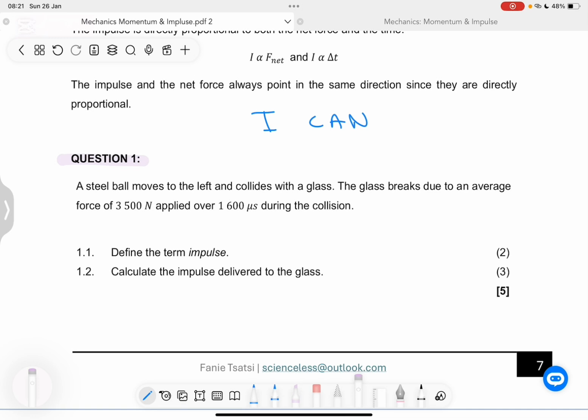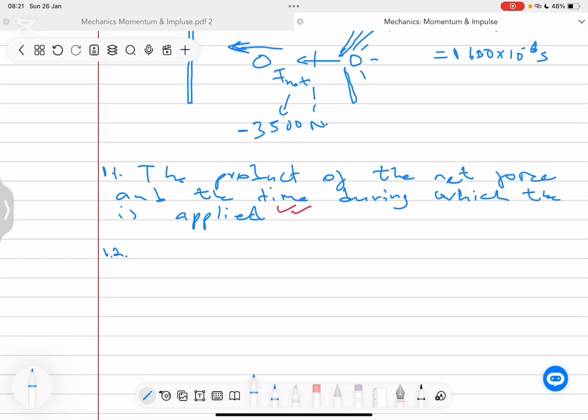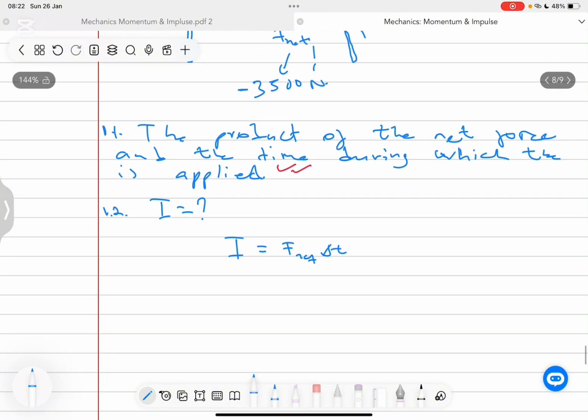The question says here, calculate the impulse delivered to the glass. So they're actually asking us to look for the impulse. And already we know, we discussed this in our classification and interpretation, that this is a problem that requires the knowledge of impulse. And we are given the two quantities.